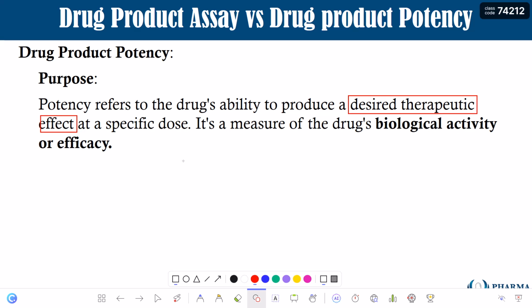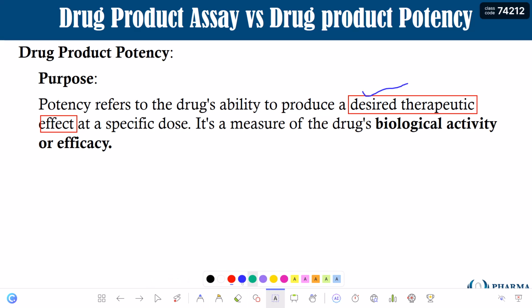There is also going to be the dose of the biological drug product, and that dose should result in a desired therapeutic effect. It's a measure of the drug's biological effectivity, activity or the efficacy.